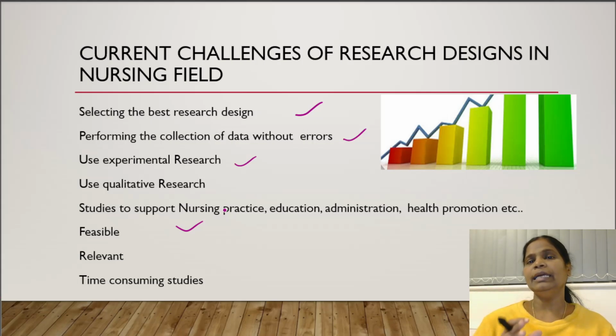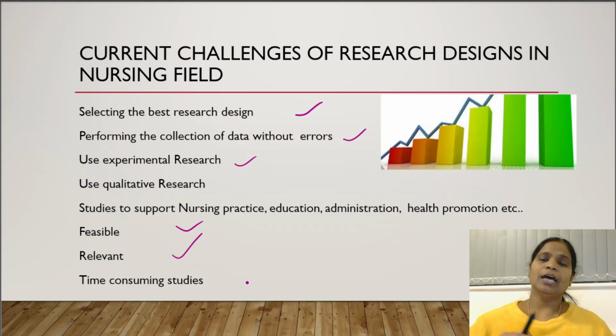In each and every element, we have to see whether it is feasible or not. Next, being relevant to the nursing profession, that's another area. Then time consuming studies. Some studies are longitudinal studies which take a lot of time, and there are more chances of errors occurring while gathering the data and interpretation.